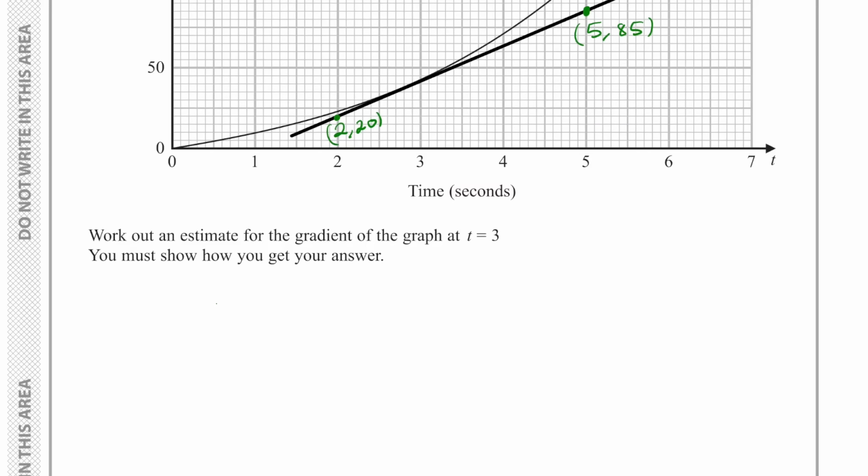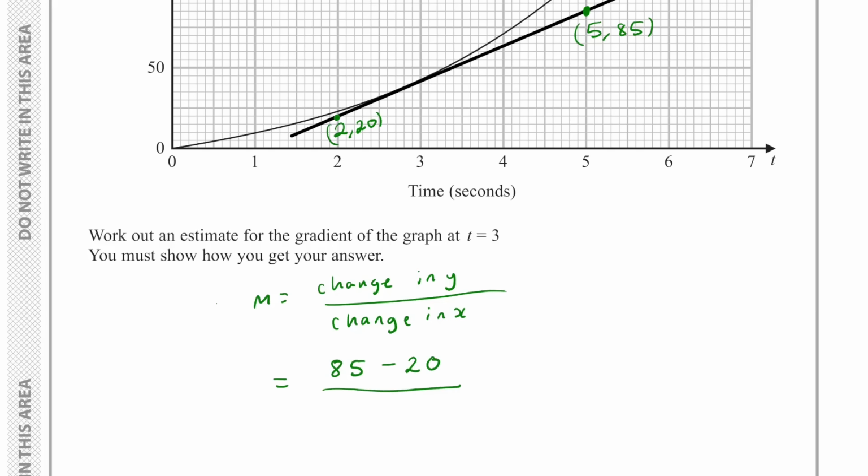My estimate, the gradient, is the change in the y's divided by the change in the x's. So the change in the y's, my y's are 85 and 20. So 85 take away 20, over the change in the x's, 5 take away 2.